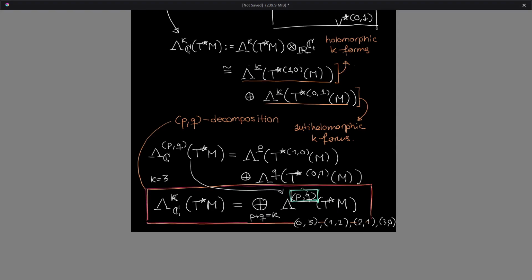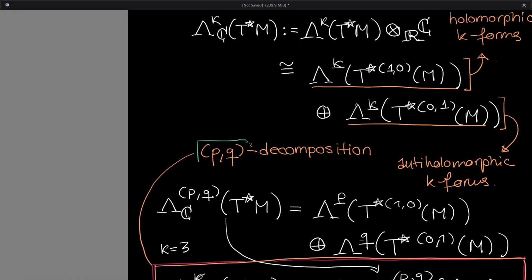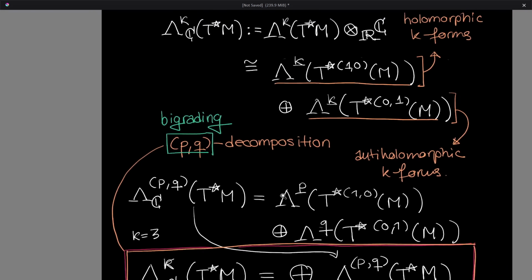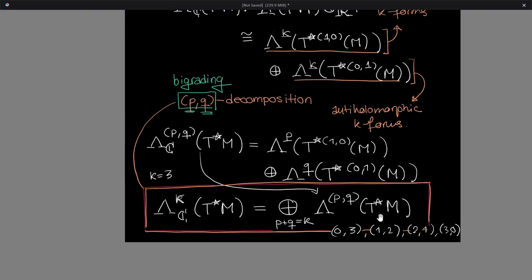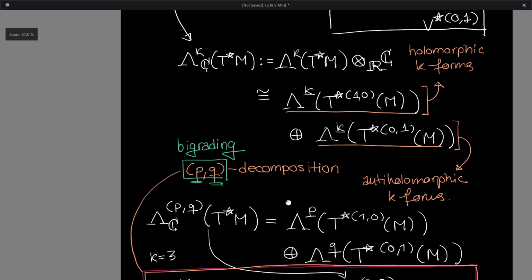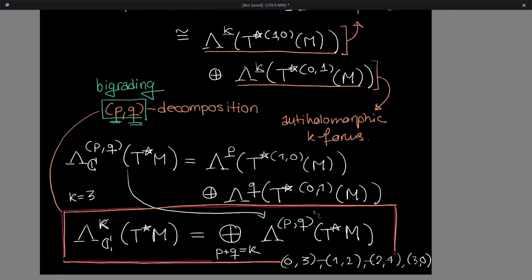This thing is called a bigrading. Remember, we've already talked about grading. So this is a bigrading. P is a grade, Q is a grade, and we've stuck them together. So now it's a bigraded space. And the fact that we can bigrade this space and find bigrades under this space is precisely the point of PQ decomposition.